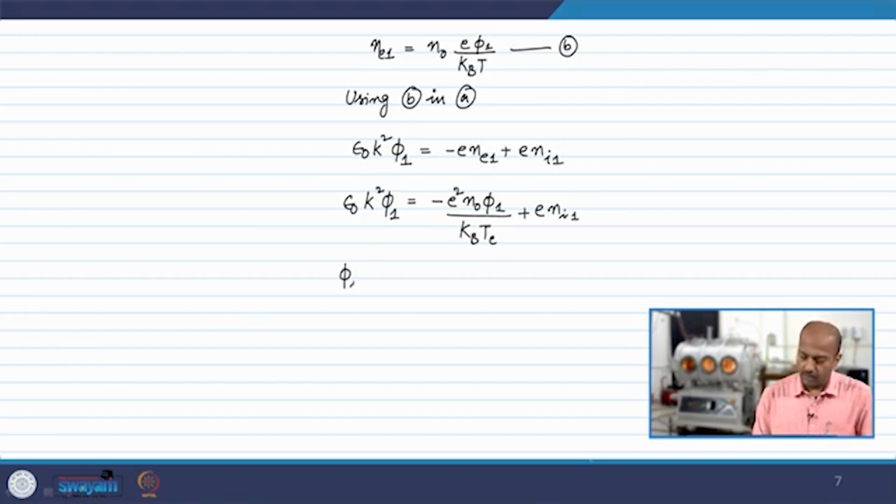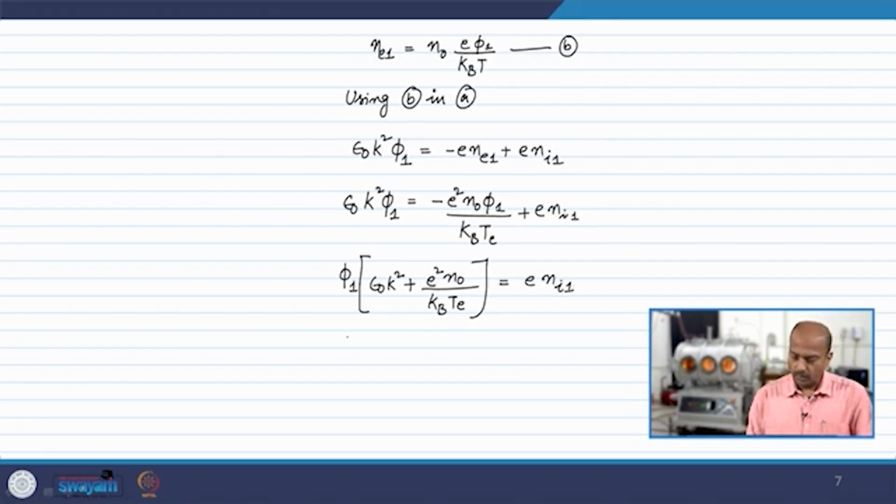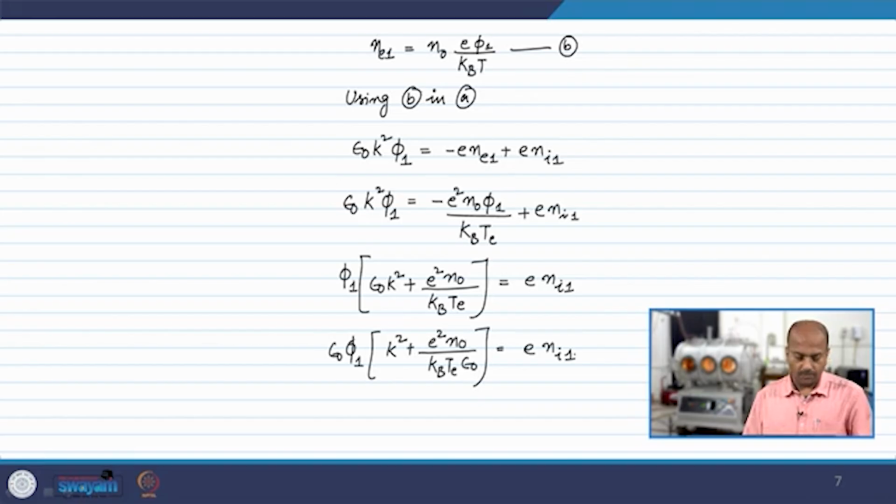So, we can take phi 1 common and write epsilon naught k square plus e square n naught by kBTe is equal to e n i1, or epsilon naught phi 1 times k square plus e square n naught by kBTe epsilon naught is equal to e n i1.